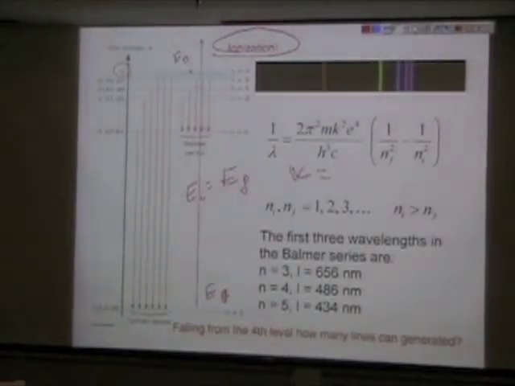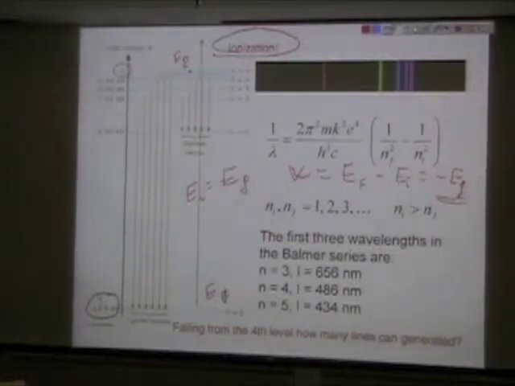Work done is supposed to be final minus initial. That gives this. So basically, you take this value and multiply it by -1. That gives you the amount of work you're supposed to do to ionize the atom.